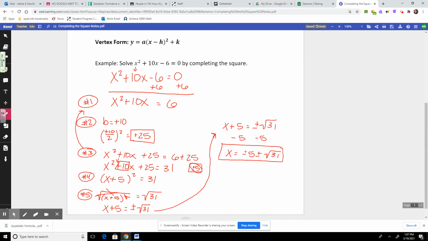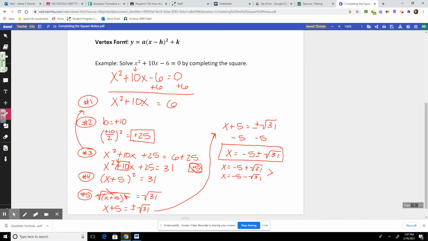So this means that x equals negative 5 plus the square root of 31, and x equals negative 5 minus the square root of 31. You actually have two solutions here. You just write it with this positive negative. This means plus square root of 31, minus square root of 31. So you still have two solutions.